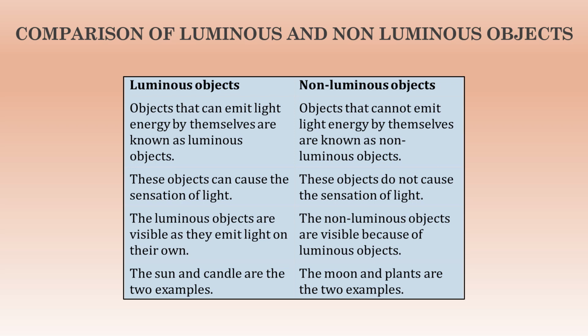Now, the examples of luminous objects are the sun and candle, etc. Examples of non-luminous objects are moon and plants and various things like books, tables around us.